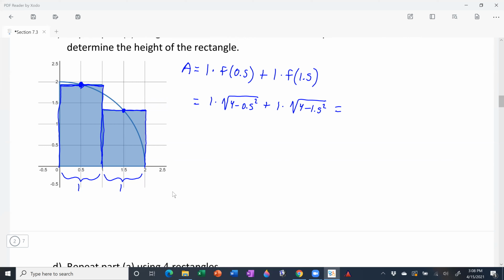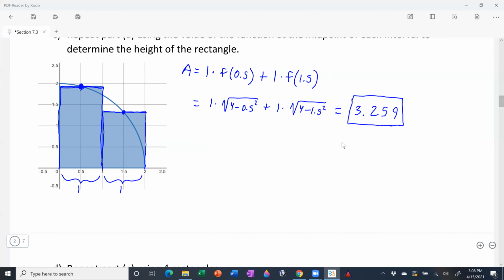I'm just going to type all of this in and get a decimal approximation. My decimal approximation here is about 3.259. I'm going 3 decimal places on all of these.